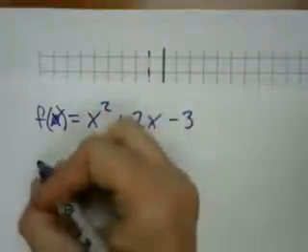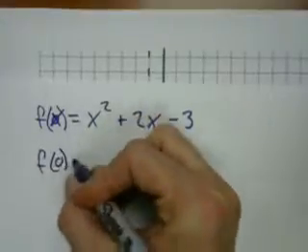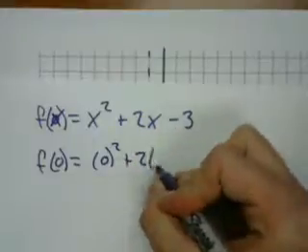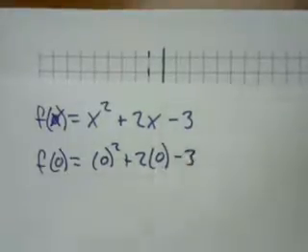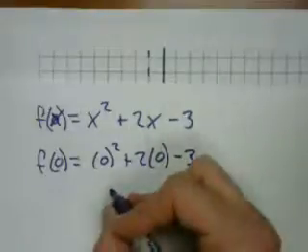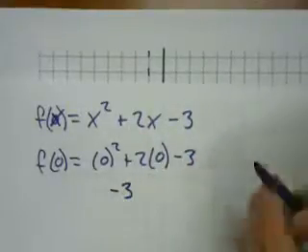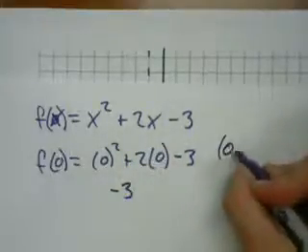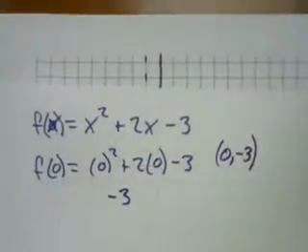What we're going to do is find f of 0 first, and this is going to be our y-intercept. So we have 0 squared plus 2 times 0 minus 3. Well, these are nothing, so it's minus 3. So our y-intercept is 0, negative 3.